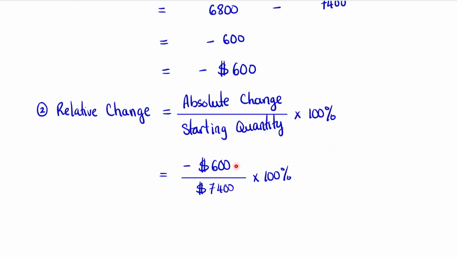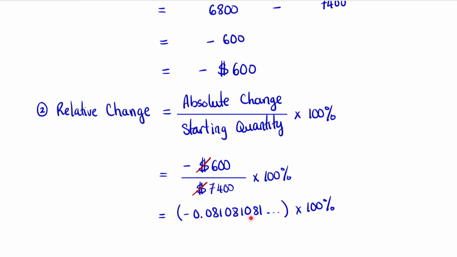And I have negative $600 divided by 7,400 multiplying by 100%. The unit dollars got canceled out. I take negative 600 divided by 7,400. Negative 600 divided by 7,400 is negative 0.081081081.